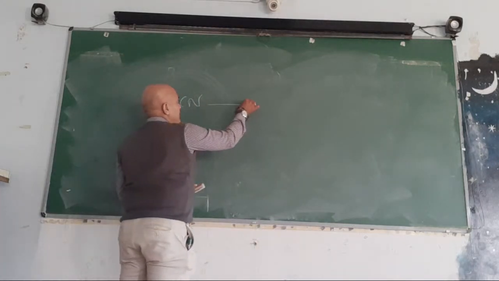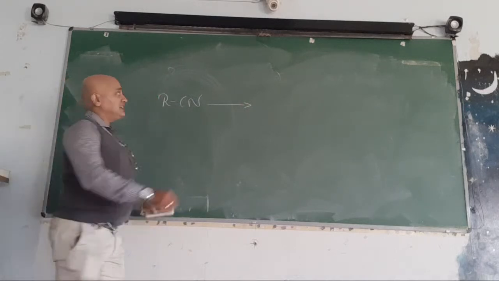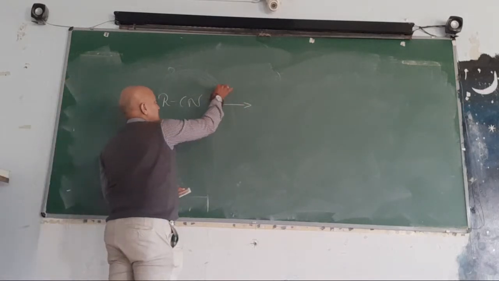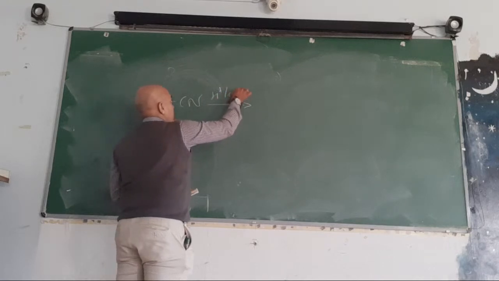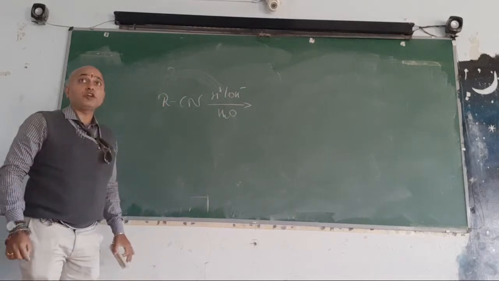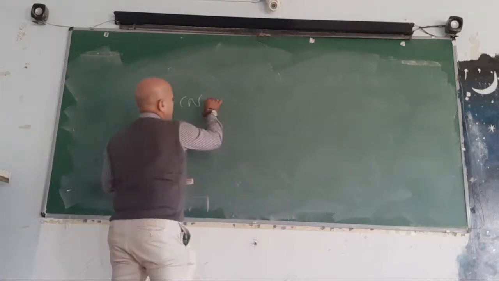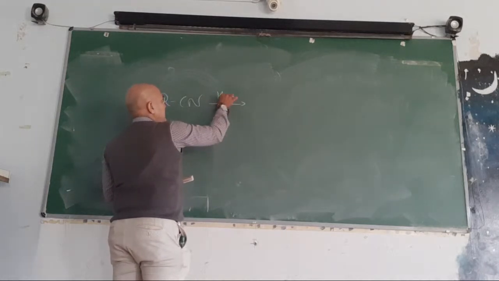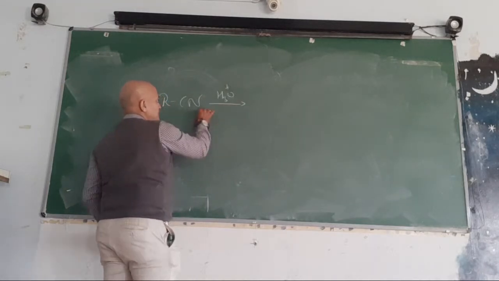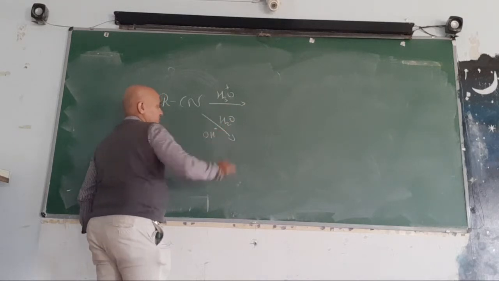So when it will undergo acidic condition or basic condition, that is hydrolysis, acid hydrolysis or basic hydrolysis, any one of these two, not both. Or I will make a separate reaction. Say for example, it can be acid hydrolysis or it can be basic hydrolysis. Okay?